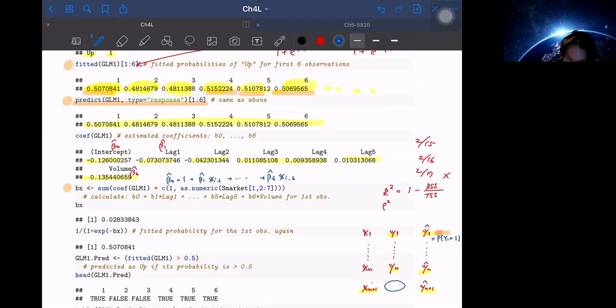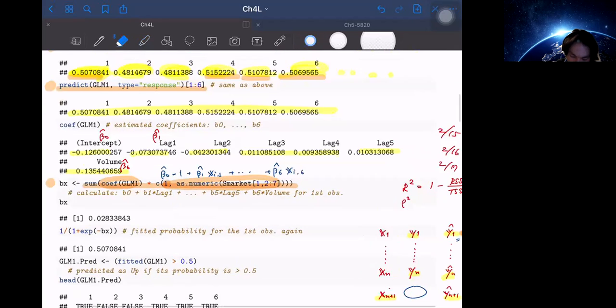This can be done by taking the summation of the product of coefficients. So this is the coefficient vector, and this is the predictor vector, and 1 is for the intercept. If you multiply and take the summation, then we can get the linear combination. Right?